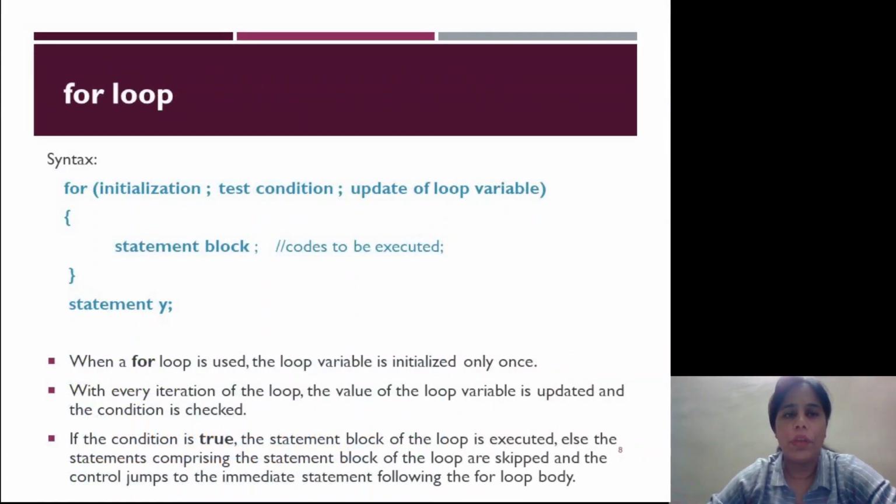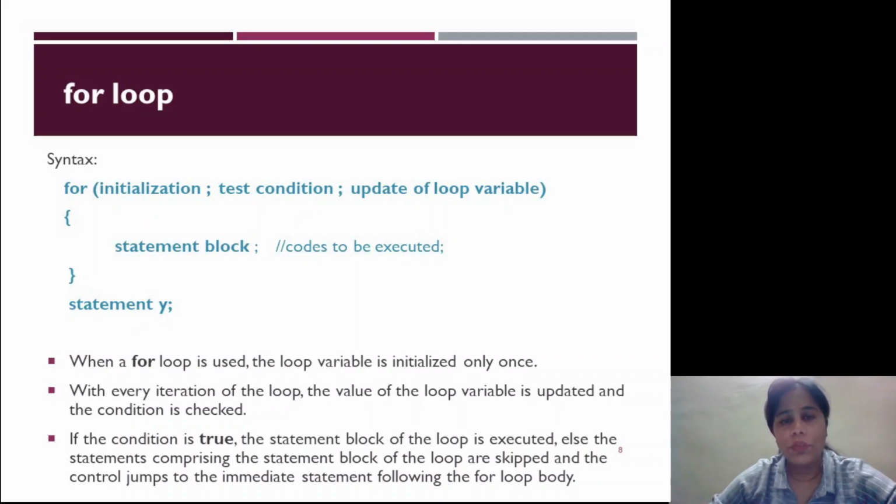Now I'm coming to the for loop. In case of for loop, this is the syntax. When a for loop is used, the loop variable is initialized only once. This is the initialization, then test condition, then update of loop variables. After that, within the brackets, statement blocks are written. If there is only one single statement in a for loop, then these curly braces are not required for a single statement.